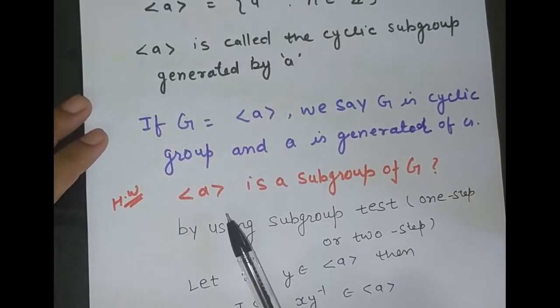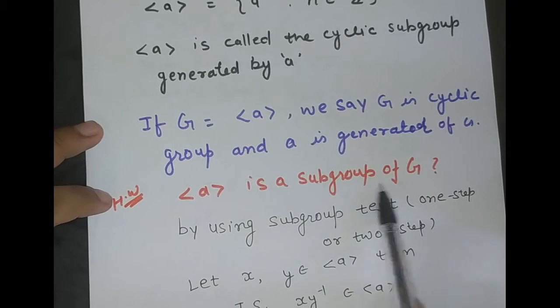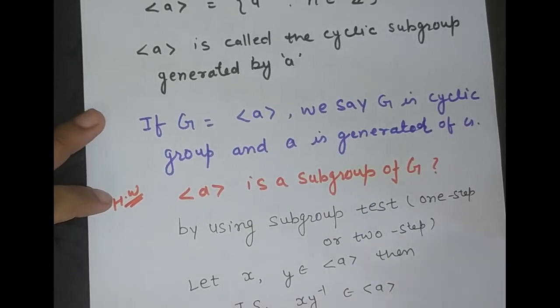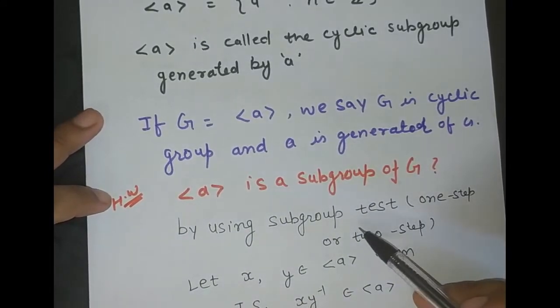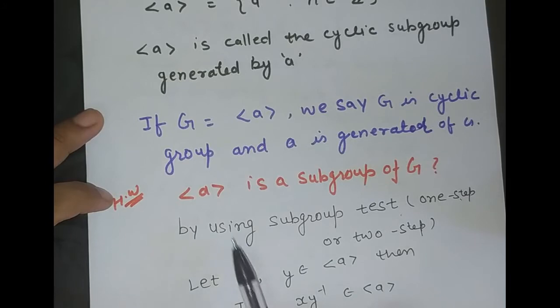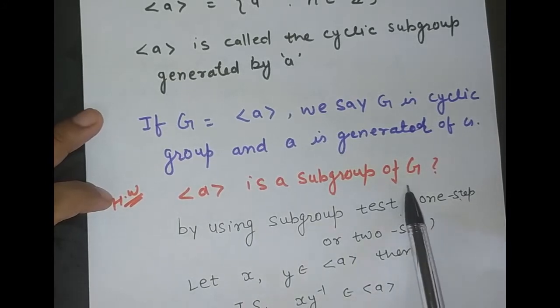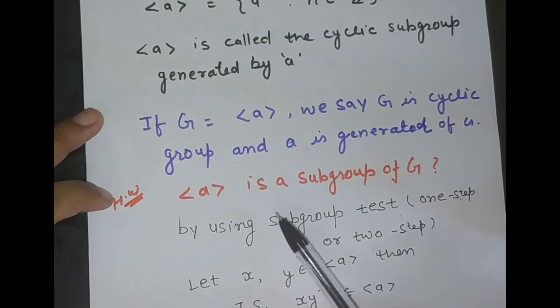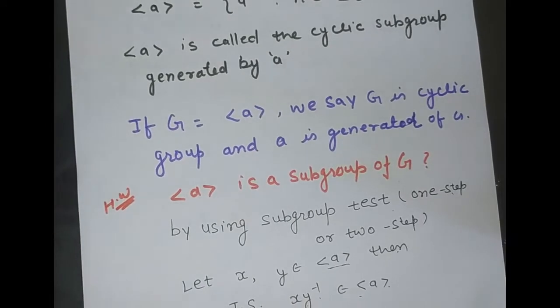Now the question is, is this generator a subgroup of G or not? By using the subgroup test, one step test or two step test, you can prove this generator is also a subgroup of G. If X and Y are any elements belonging to this generator, then we have to show XY inverse belongs to this generator.